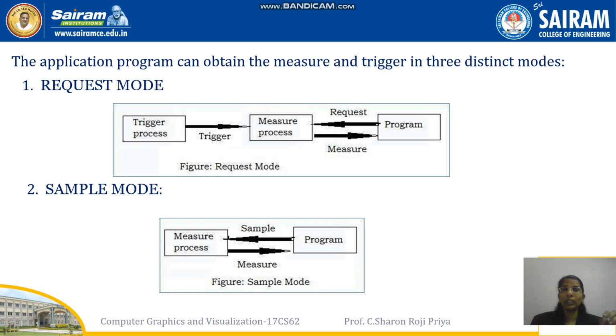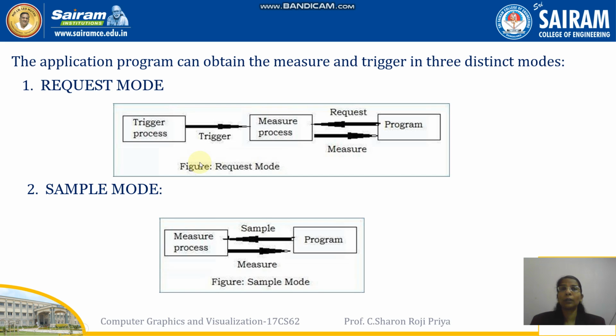It waits for a trigger. So request mode means the measure won't be returned to the user program until it is triggered. Once I press enter, the input will be returned to the user program. That is request mode. So I get a trigger, and only then will the measure be returned to the user program.